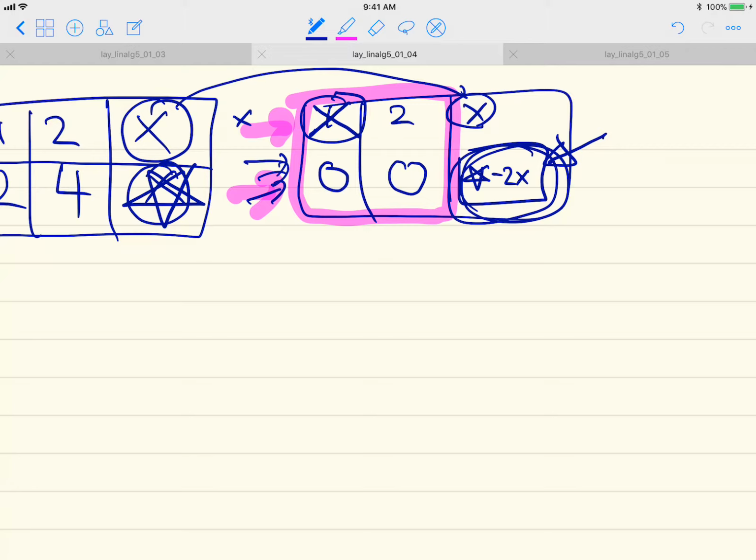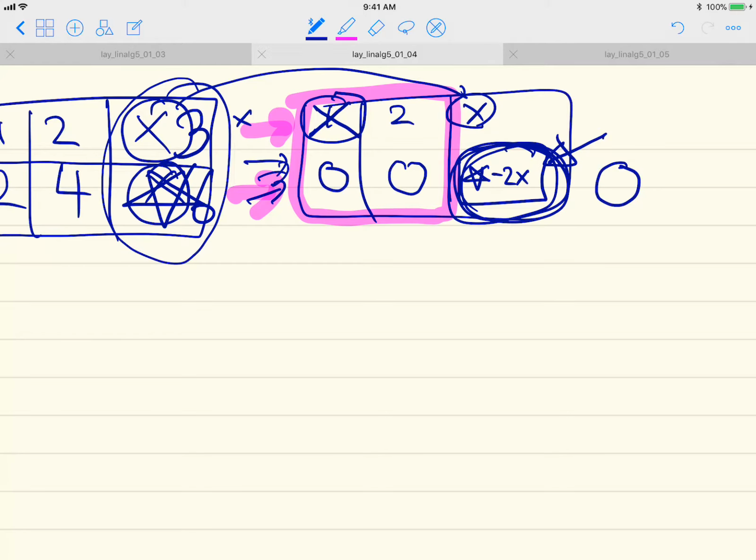So if it was maybe 3 and 6, and then this one will be 0, this is a kind of fortunate case where we have a solution. But we want to consider the situation where we always have a solution, regardless of any vector b on the right hand side.